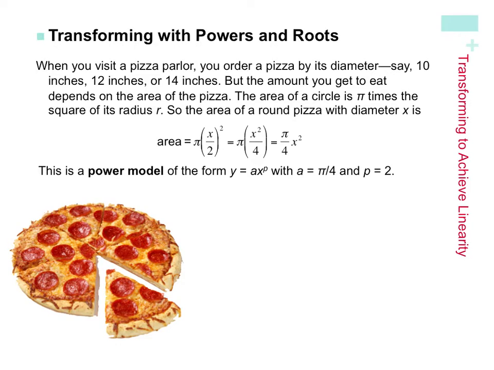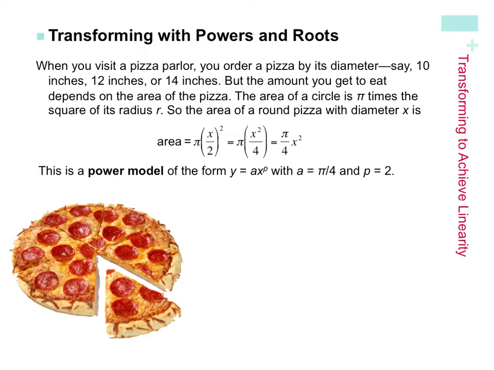We expect area to go up with the square of a dimension. You would also expect volume to go up with the cube of a linear dimension. So geometry helps tell us how to expect power models in some settings.